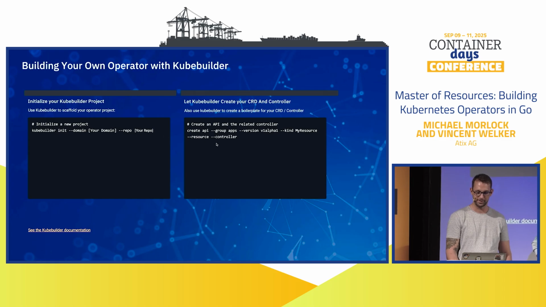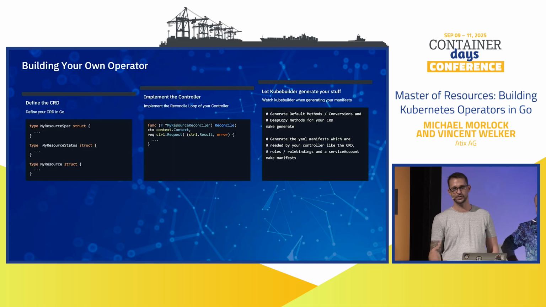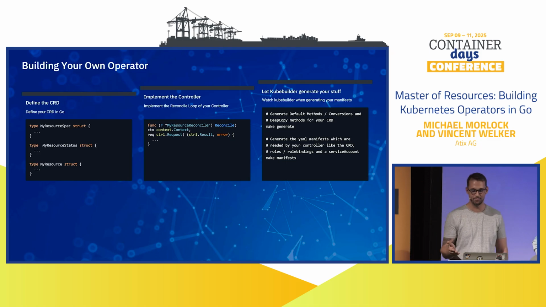And the second step is to create a resource, or create an API, it's called here, that mainly creates a resource and a controller which is related to that resource. After that, you only have to define your CRD, the fields you want, the spec you want, and the only thing you have to do is implement the controller. So that sounds easy. You only have to implement one method. That's the good thing about it. The bad thing about it is this method has to handle everything.